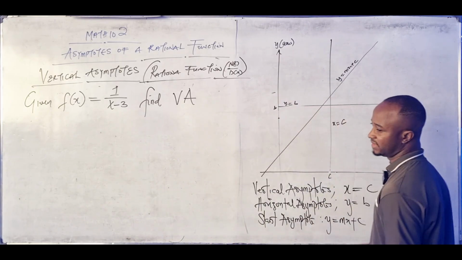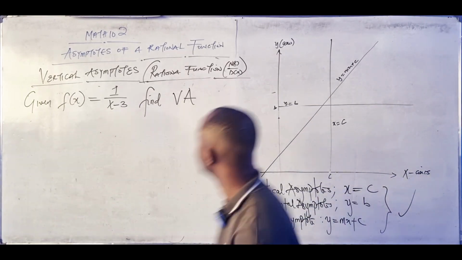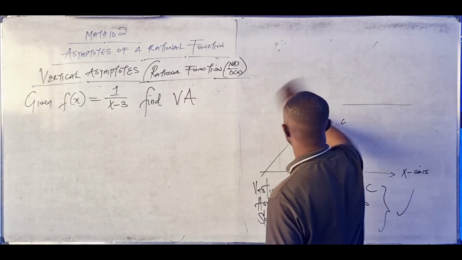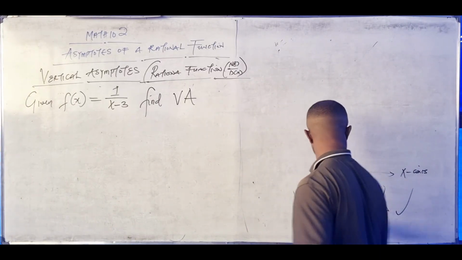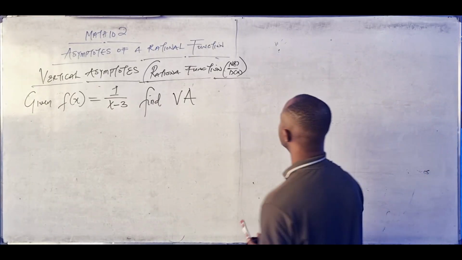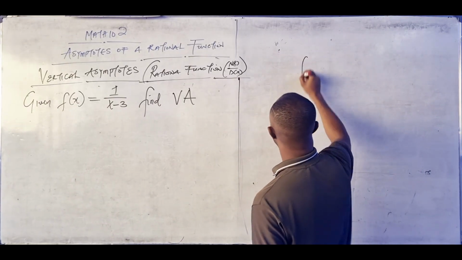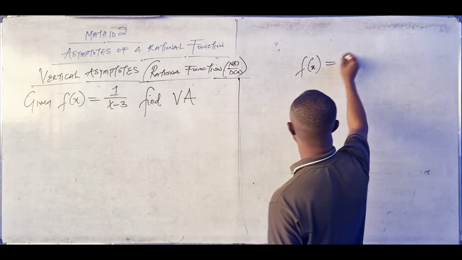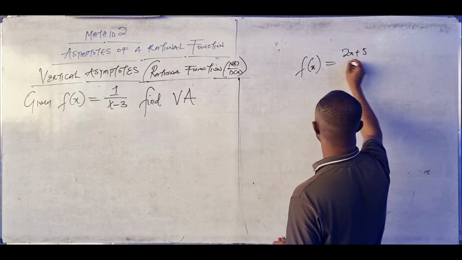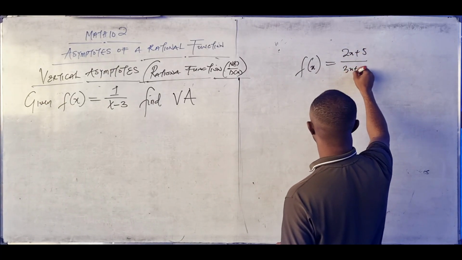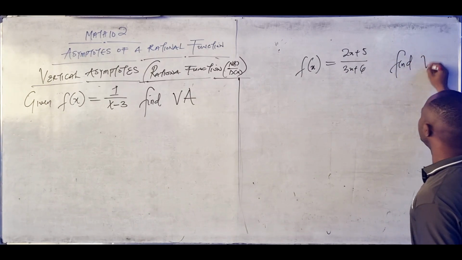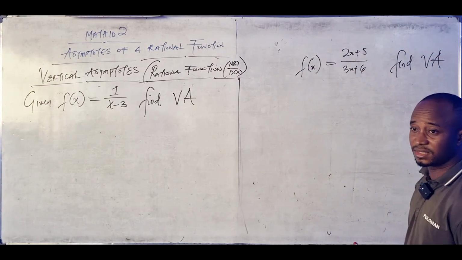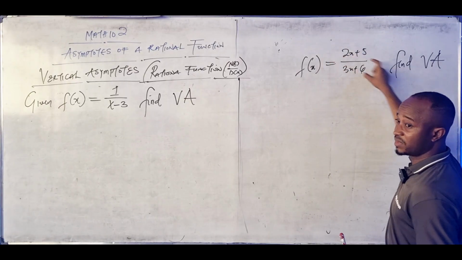Let me give you an instance. Listen. If my function is equal to, let's say, 2x plus 5 over 3x plus 6, and they say find vertical asymptotes, we have a polynomial here.